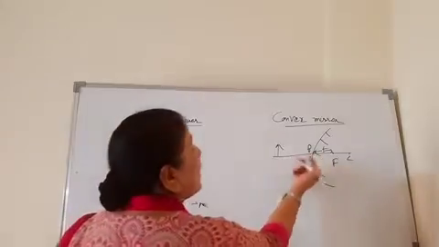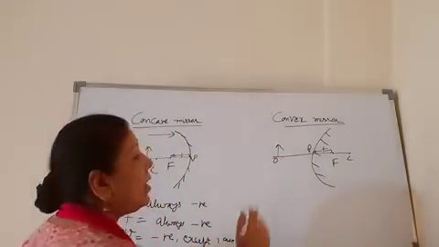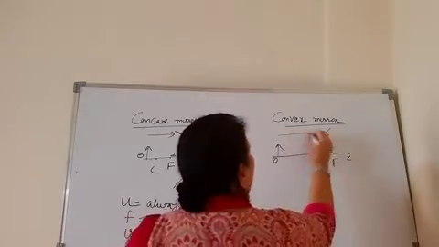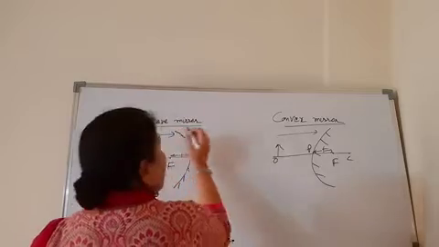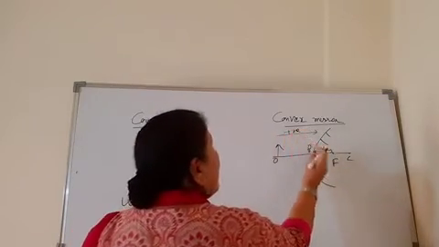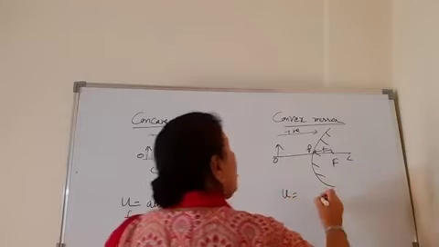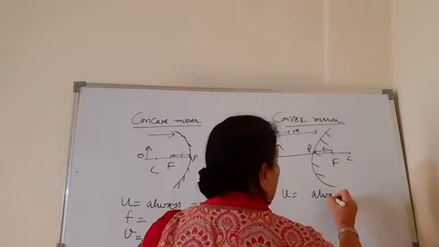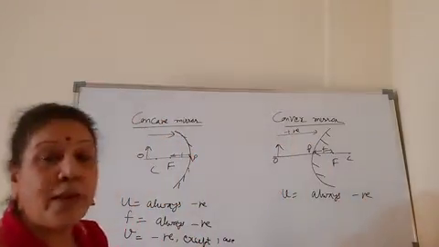So U, that is the distance between the object and the pole, is always negative because the incident ray is in this direction, that is the positive direction, and we are going to find PO, that is U. So U will always be negative for convex mirror as well.